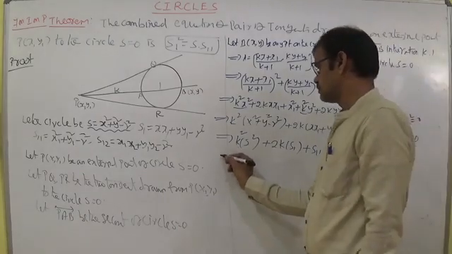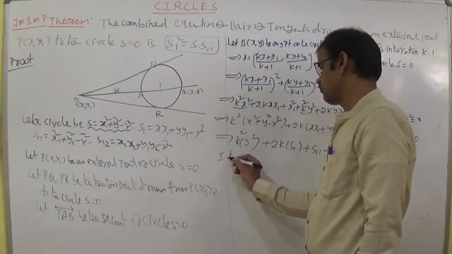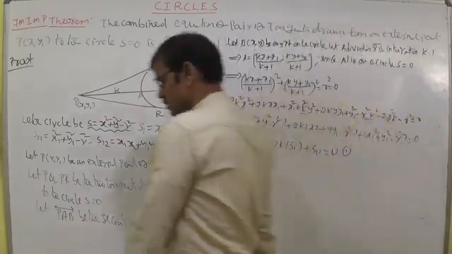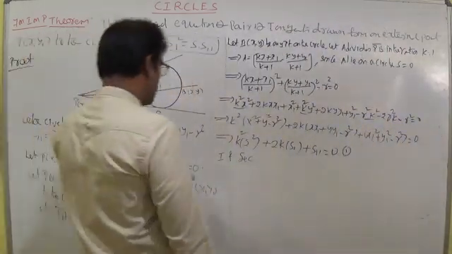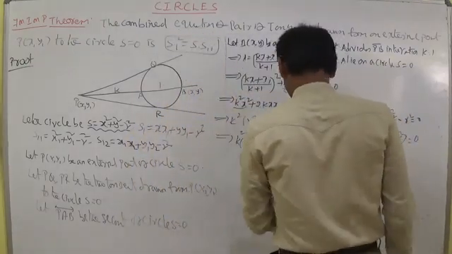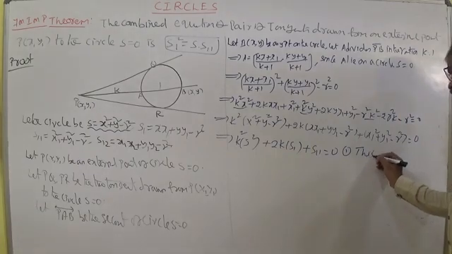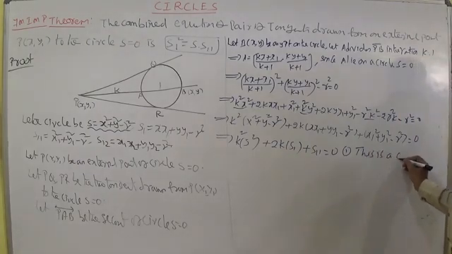Now I am writing, if secant PAB, this is a quadratic equation in k, a QE in k. QE means quadratic equation.